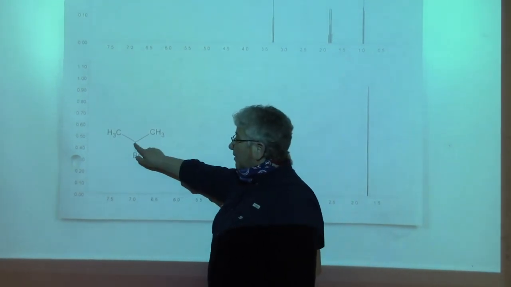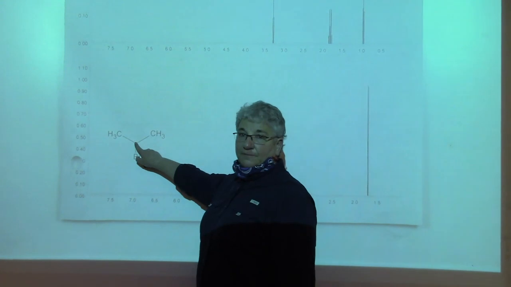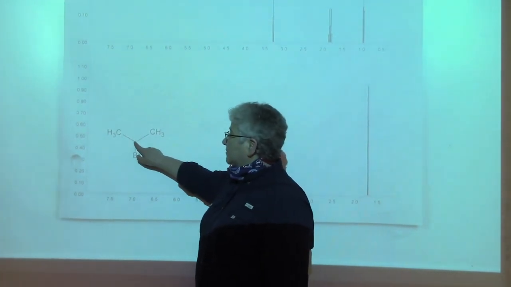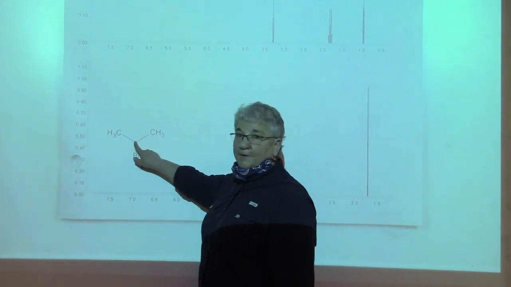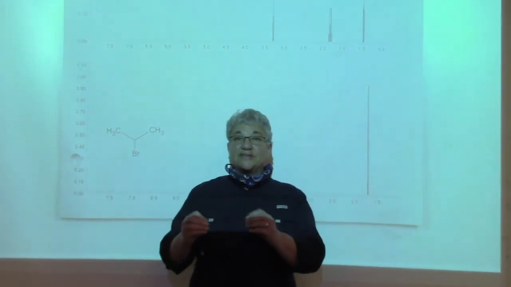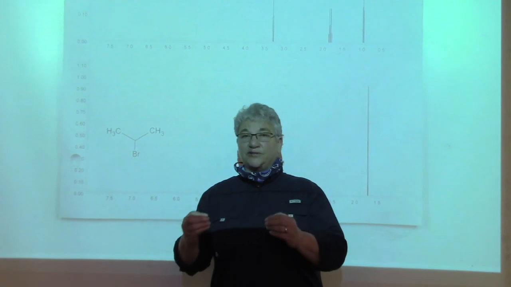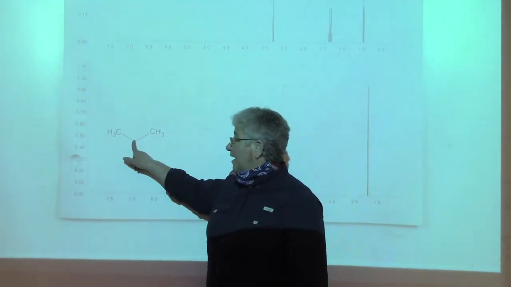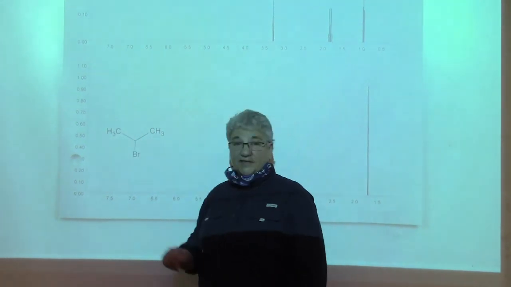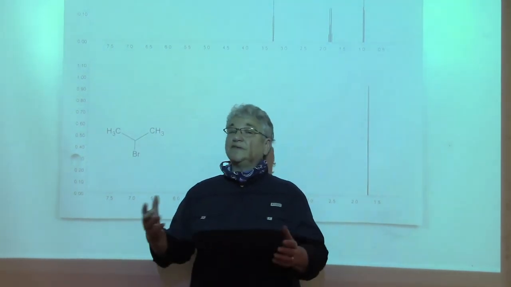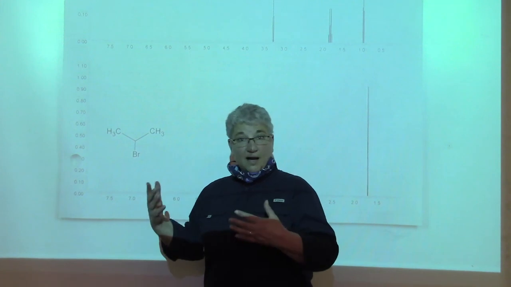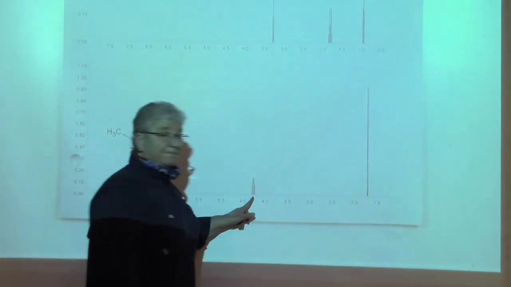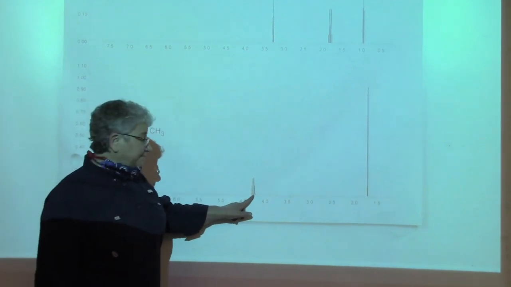So if I'm this 1 hydrogen right here, and I look at my neighbors, I have 3 neighbors there and 3 neighbors there, and this time those neighbors are the same. They really are equivalent to each other. So this time, I have n equals 6. 6 plus 1 is 7. My 1 hydrogen would be split into, well, we would call it a septet.